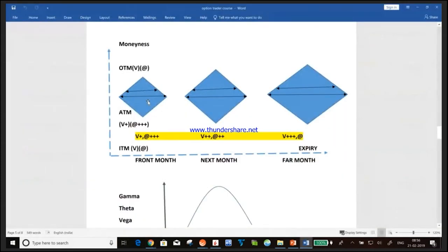Can't you see theta is triple plus when closer to expiry, front month expiry, and theta has no power when it is far month. This is the front month expiry. See how many plus theta has. Isn't it the highest?